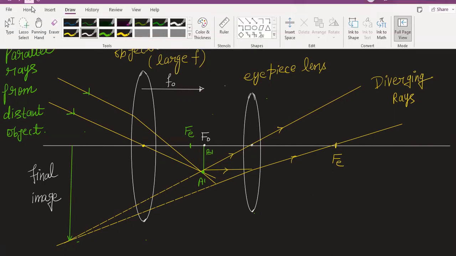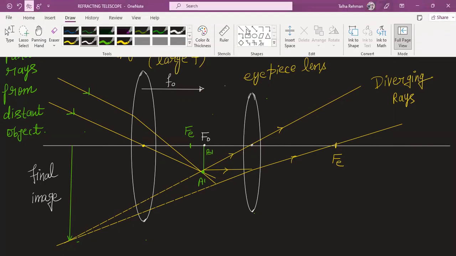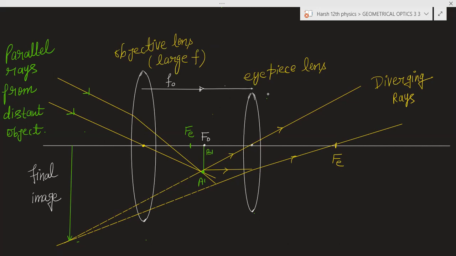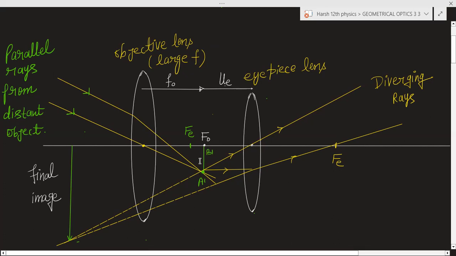And talking about this distance, the distance between this object and this optical center will be the object distance for the eyepiece lens. Because this is the object for the eyepiece lens, this distance will be the object distance for the eyepiece lens.